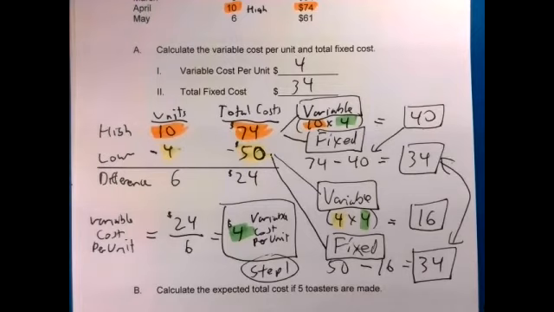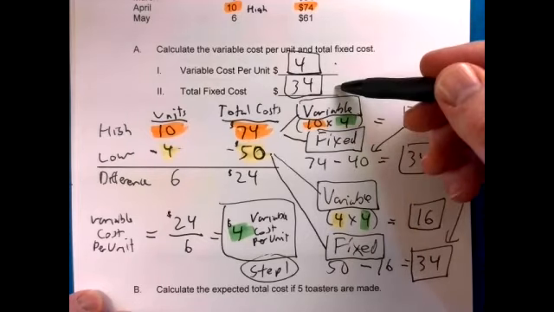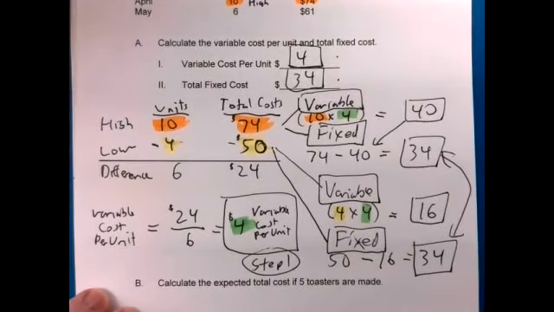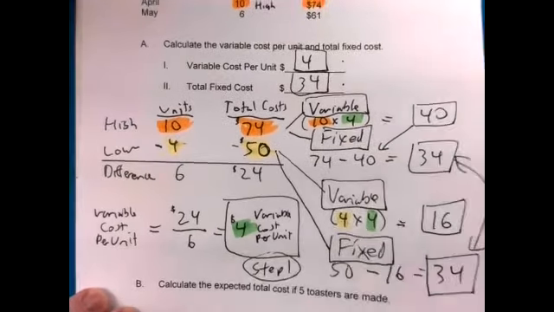Okay, so we know what the variable cost per unit is, and we know what the total fixed costs are. Now coming down here, it says, what if we made 5 toasters?